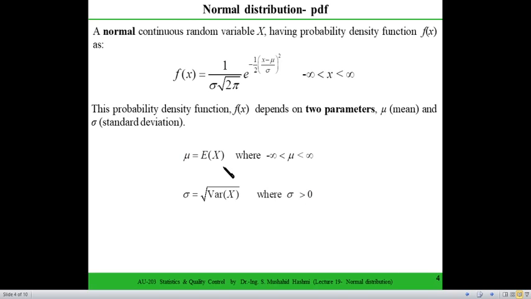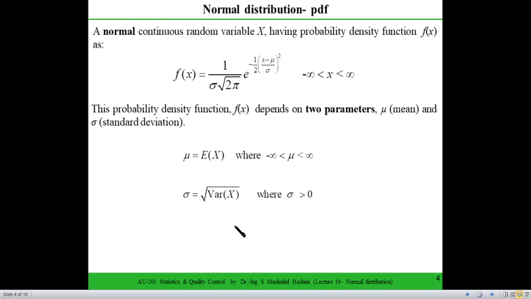Similarly, the standard deviation has the same definition as the square root of the variance of that random variable. So if x is a continuous random variable, if you calculate the variance and take the square root, we get the standard deviation of the distribution.